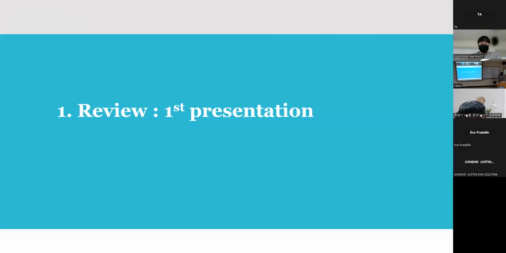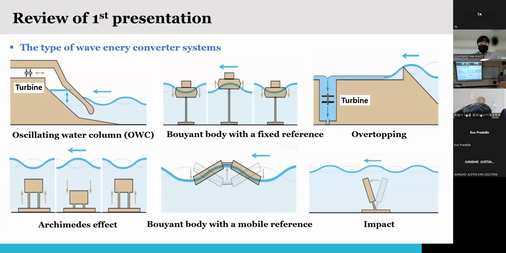So let's move on to the review of the first presentation. The types of wave energy converter systems can be classified by operational principle. OWC uses the change of the water level due to waves inside a chamber to move air and activate a turbine. The Archimedes effect literally uses the change of buoyancy due to a wave.